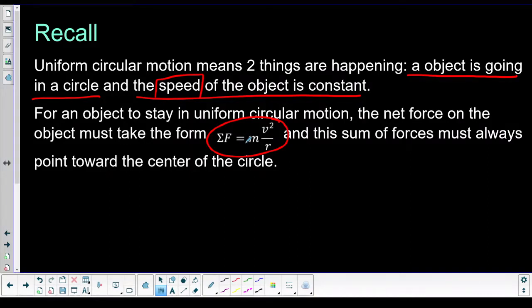For it to stay that way, it has to follow this equation. And this sum of forces must always point towards the center of the circle. So if another problem's number just happens to work out to this value, but it's not pointing towards the center, maybe it's pointing away, then it wouldn't be going in a circle, obviously. But I'm not going to try and fool you with that. I'm going to be pretty honest about it.